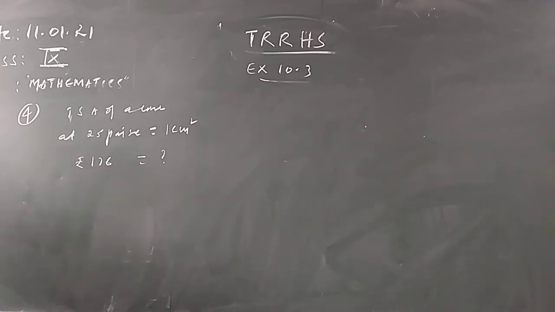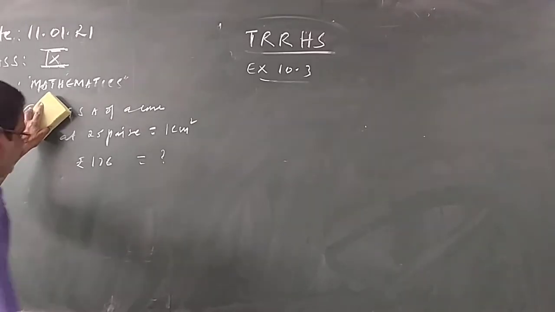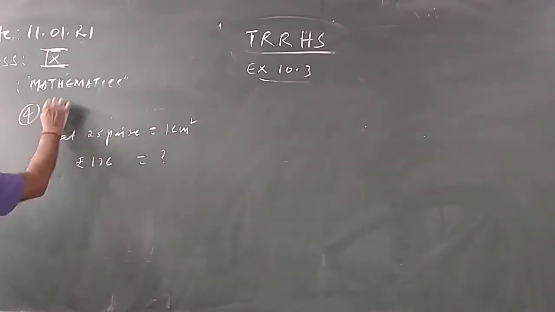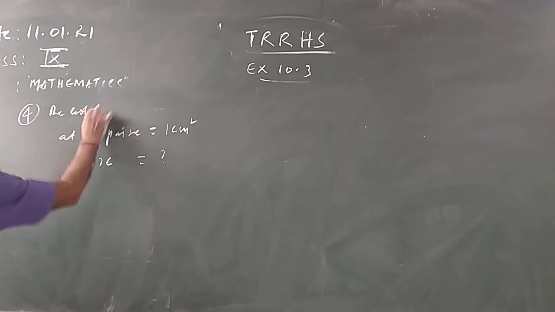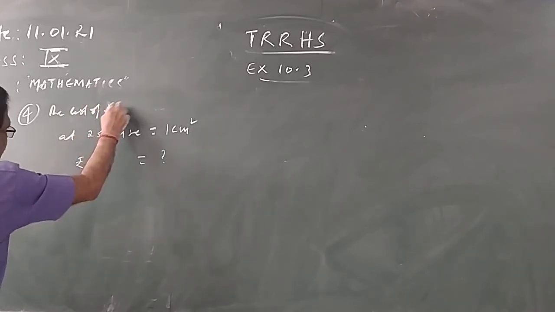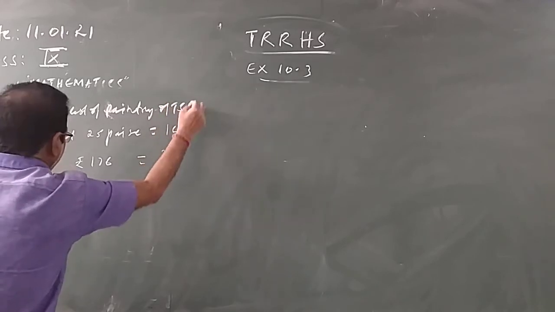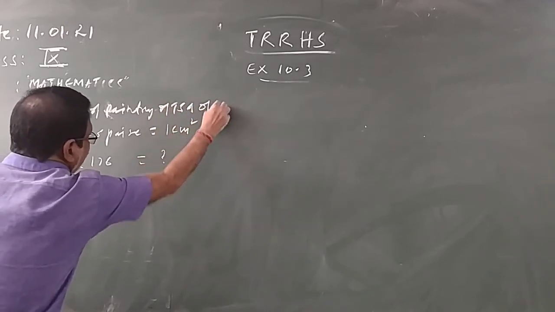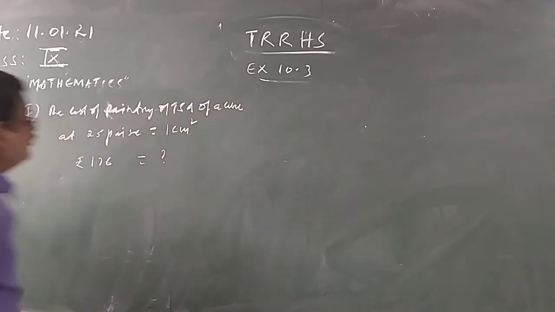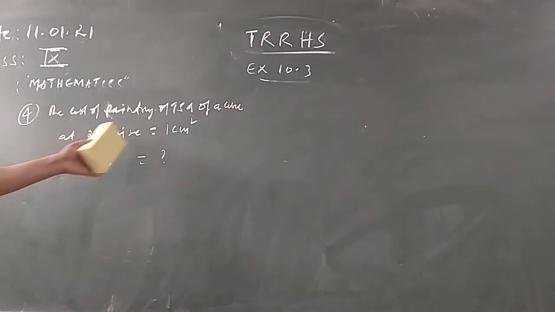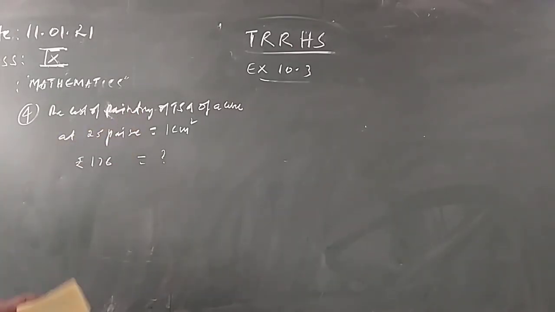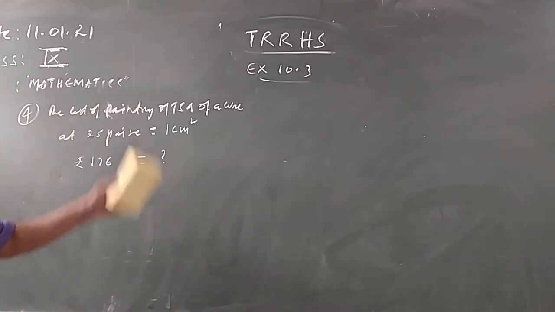To paint the total surface area of a cone, 25 paisa equals 1 square centimeter.